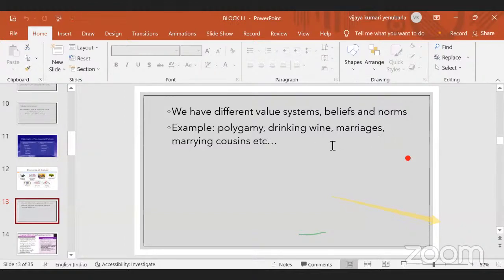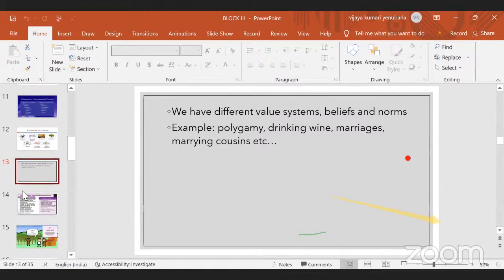Marriages also: how you marry, whom you marry, what the practice is, whether you are giving some money or not, what type of life you practice after or before marriage. All these are practices you take into consideration while defining culture.